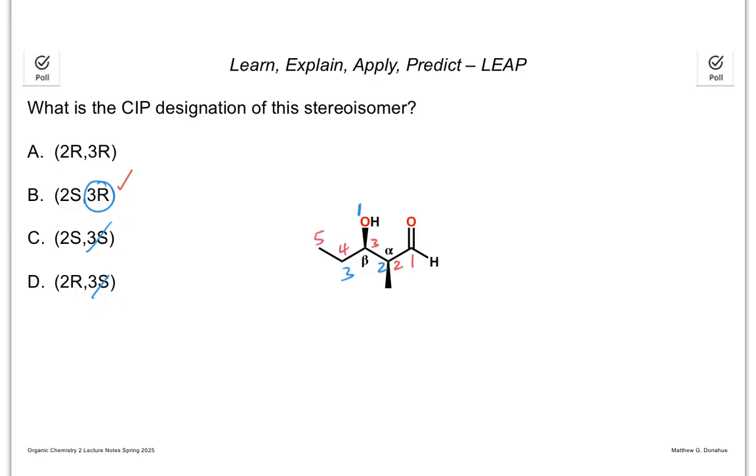Then in green, we'll do the alpha carbon. So that's 1, that's 2, that's 3. So that should be S. So yeah, it is B.